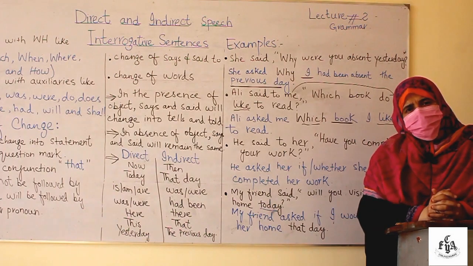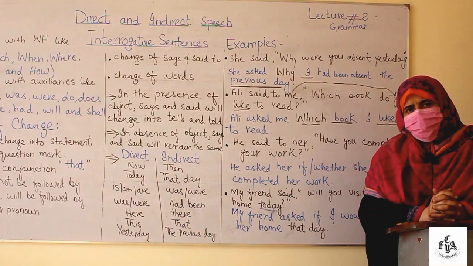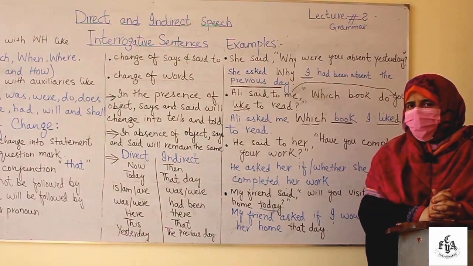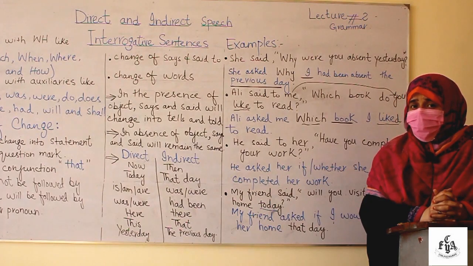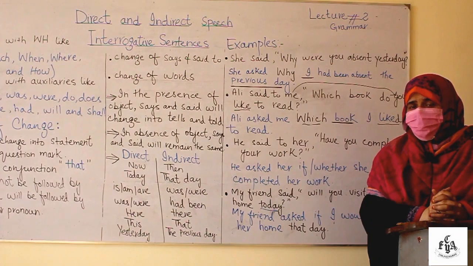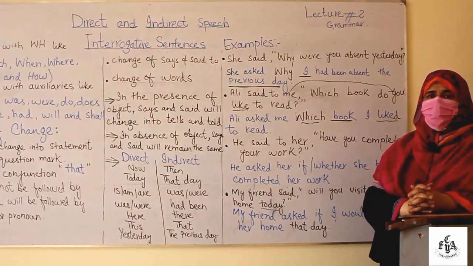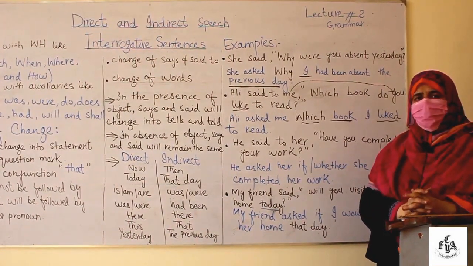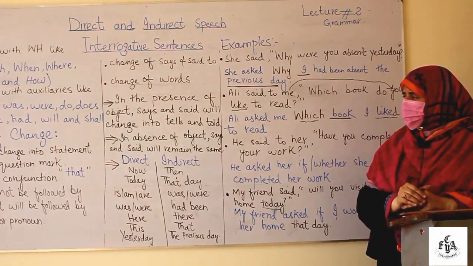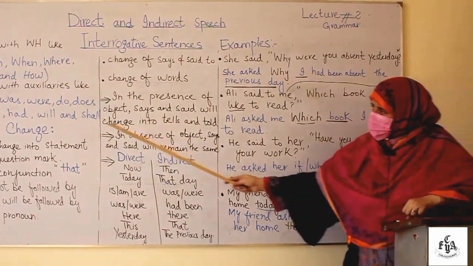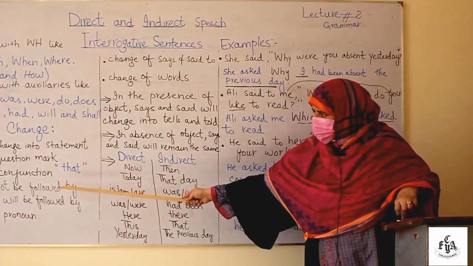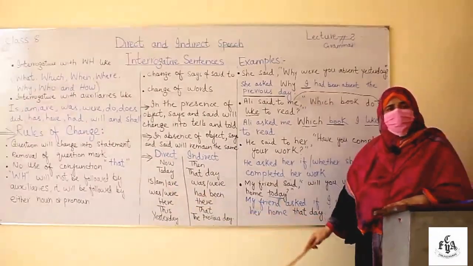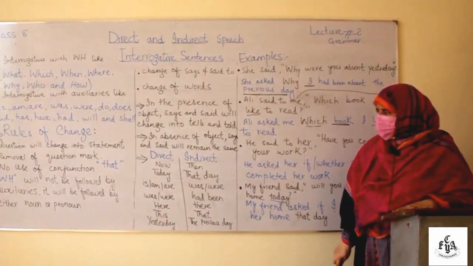A man said to me, who are you? A man asked me who I was. Why? Because we cannot say who was I. Because, as I told you in the rules of change, WH will not be followed by auxiliaries.